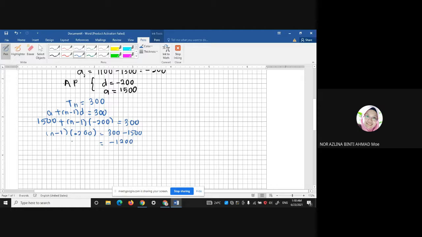Ini nak tinggalkan N tolak 1 sahaja. Jadi negatif 200 saya bawa ke kanan, dia jadi bahagi negatif 200. So N minus 1 equal to 6.